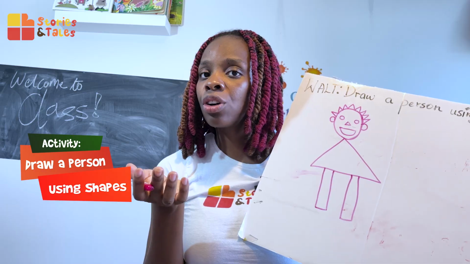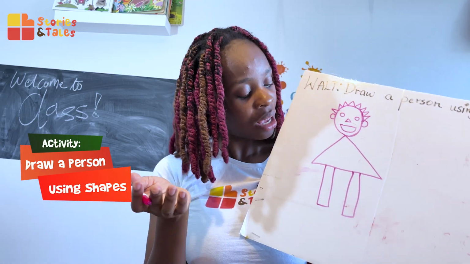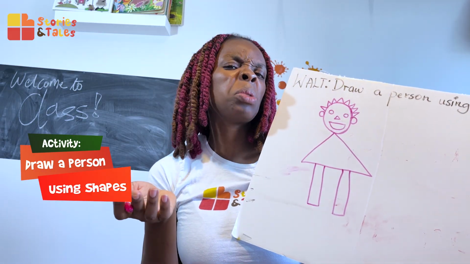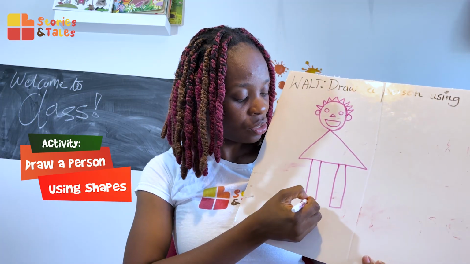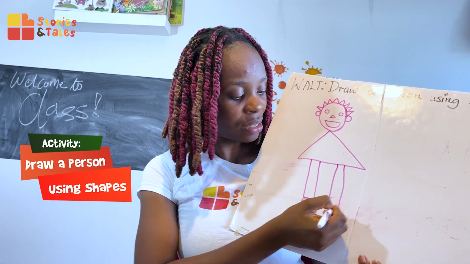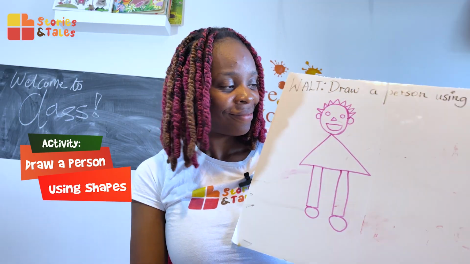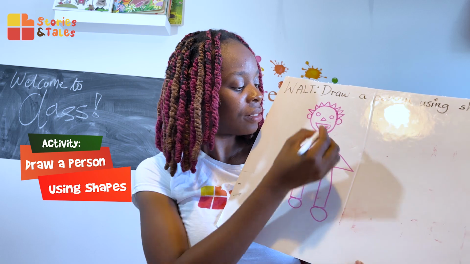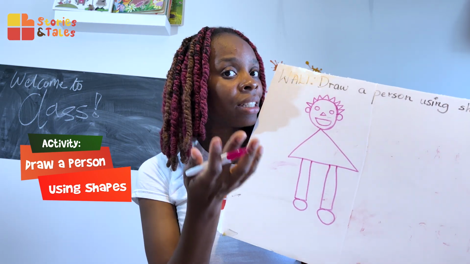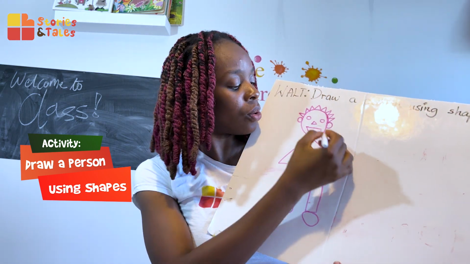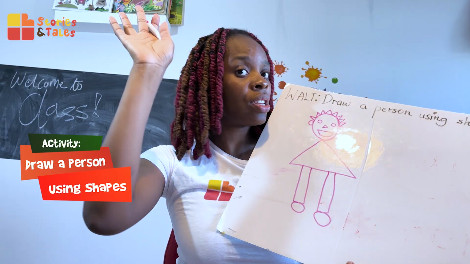Now, we want to give her shoes or feet. So how about we just do a circle for her feet? So we can go like this. We can go like this. Now let's give her hands. The hands also look like the legs. And she's got 2 hands. So let's say she's raising her hands up.